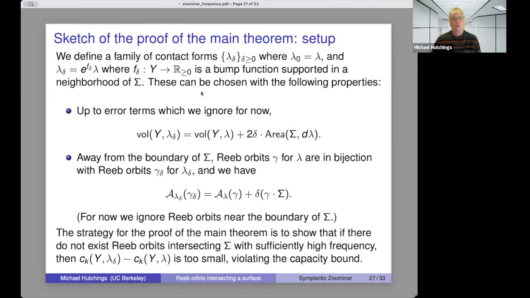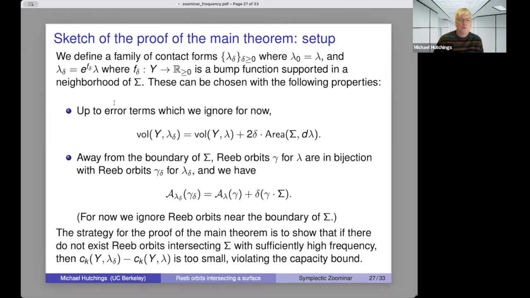So what I do is, so delta is some positive number. I'm going to multiply the contact form by e to the f_delta. And f_delta is a bump function which is supported in a neighborhood of sigma, but it's chosen very carefully.